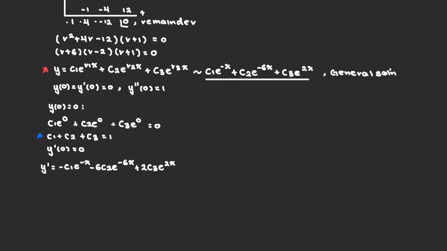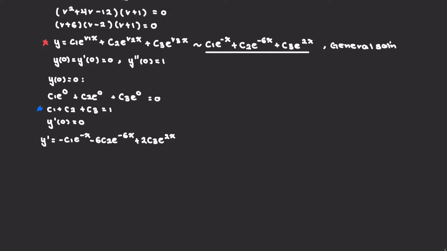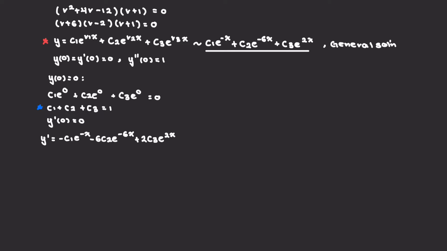Then let's put our values inside this derivative equation: negative c1, e to the 0 is just 1, so let's not write that down. Minus 6 times c2, another e to the 0 is just 1 again, and then plus 2 times c3, e to the 0 is just another 1, so everything is going to be equal to 0 according to the initial condition. So this is our second expression corresponding to our second initial condition.